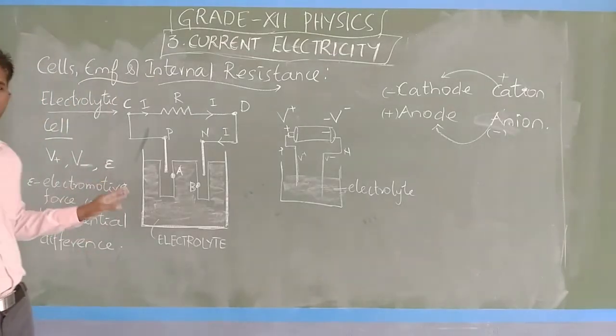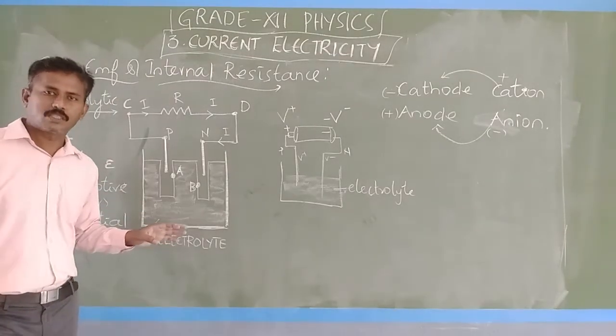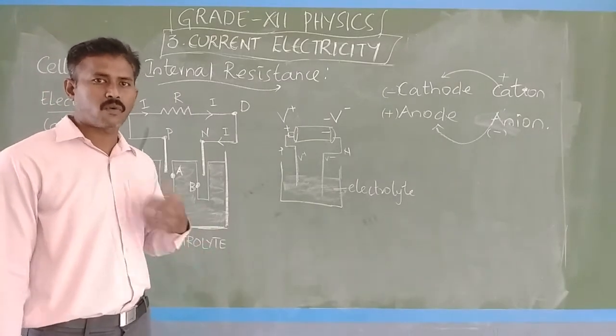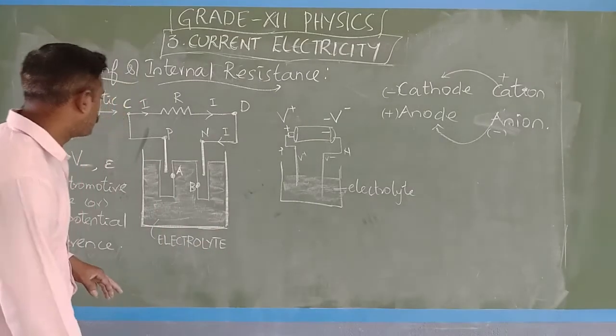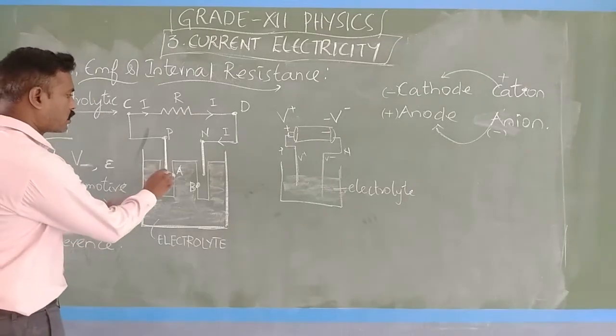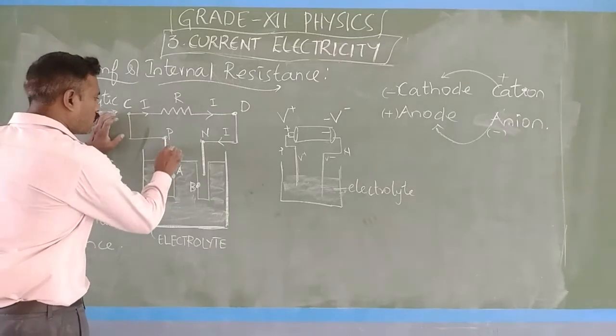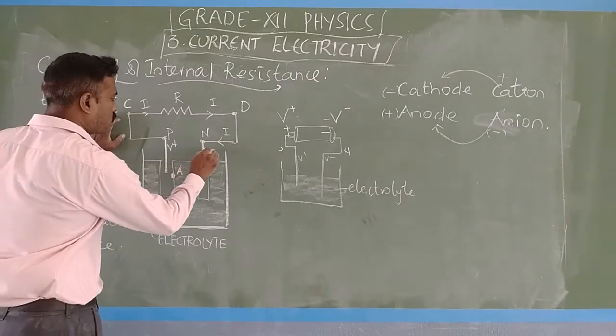Here, for spontaneous flow of electrons, spontaneous means continuity of electron flow. Is that right? Now here, this is the cathode, this is the anode, positive charge on the anode. The charge here is plus, and that is minus.